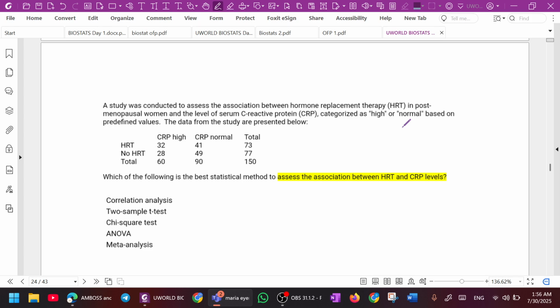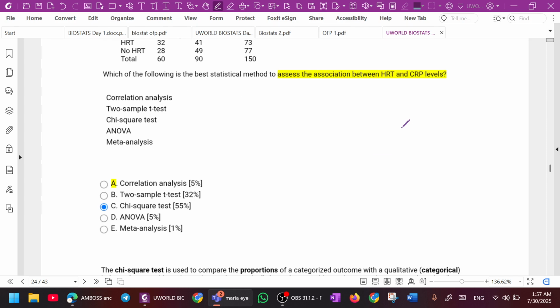Is it t-test? You think it's the t-test? You want me to mark the t-test? Yes. I think it's chi-square. Categorical. Let's see. It is chi-square. Do you get why?